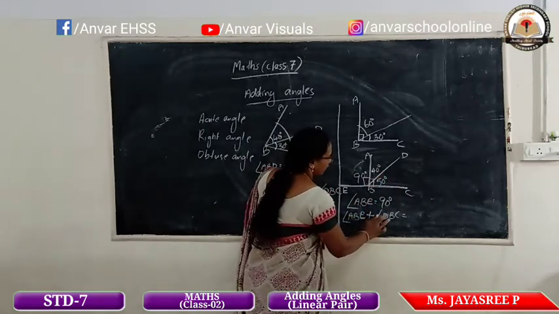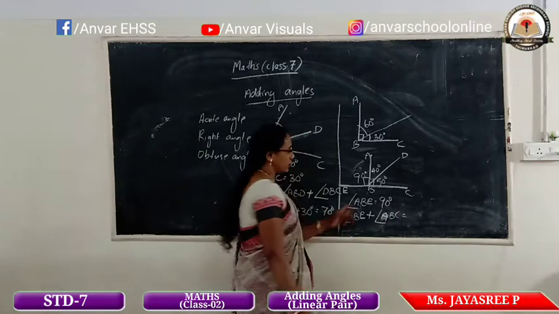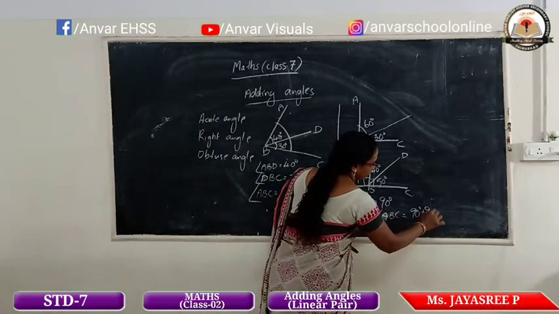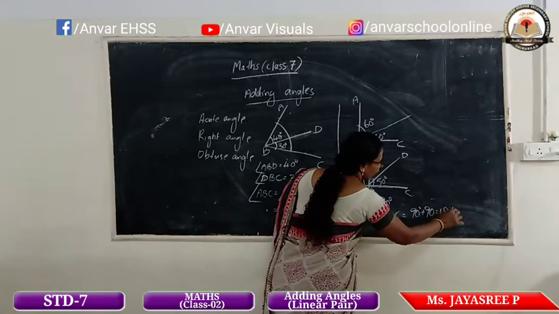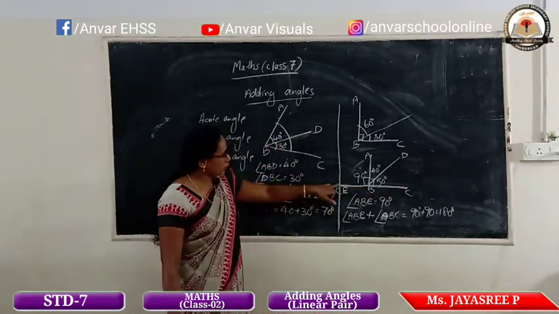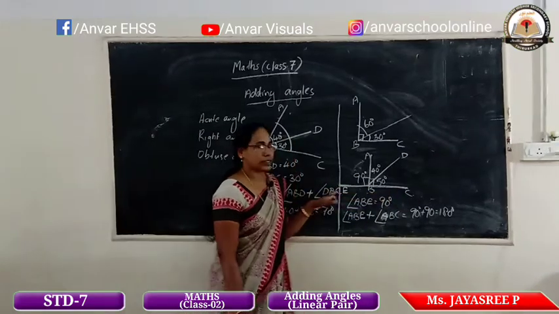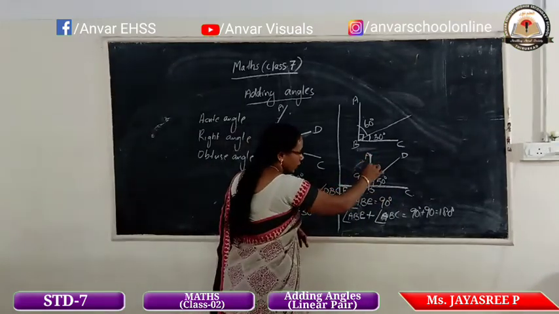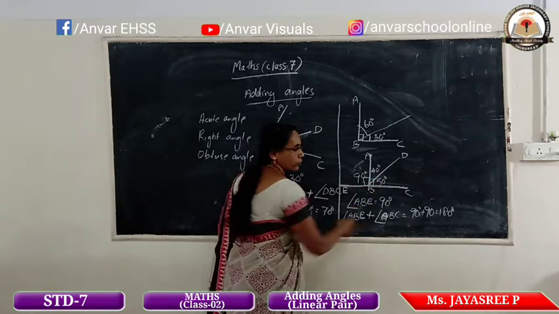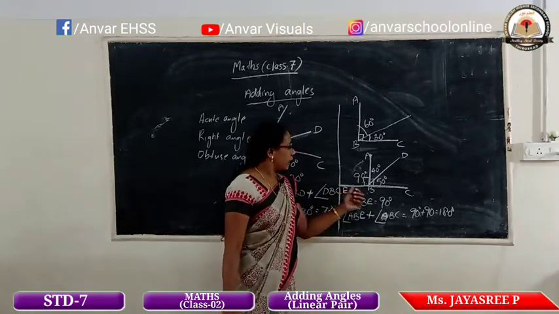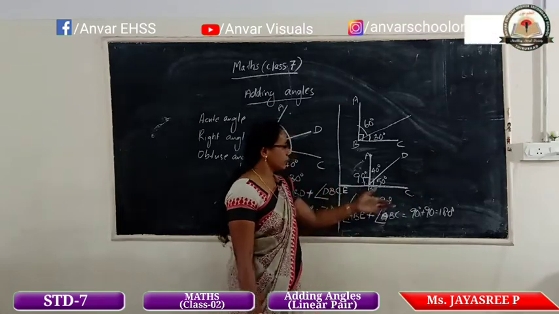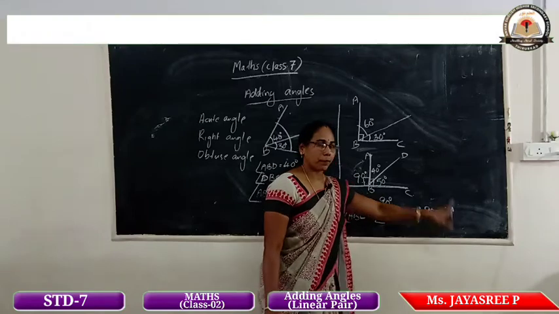So angle EBC is equal to 90 plus 90 is equal to 180 degree. That is, the angle formed in the line EC and AB is the perpendicular line. So these two angles 90 plus 90 is equal to 180 degree. That is the angle in a straight line. The angle in a straight line is 180 degree.